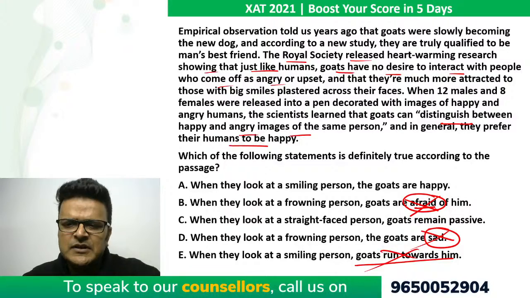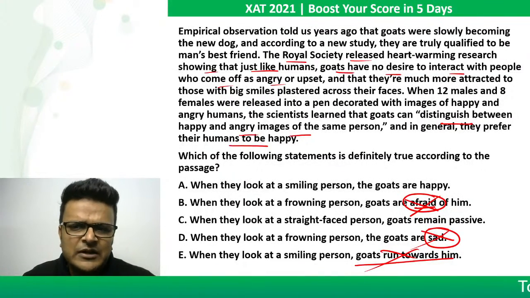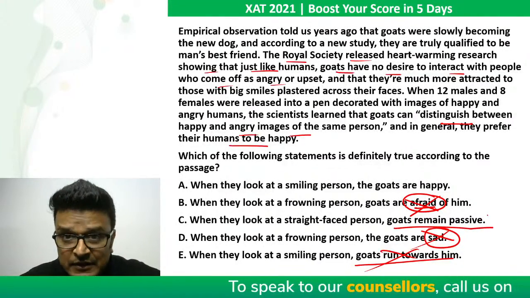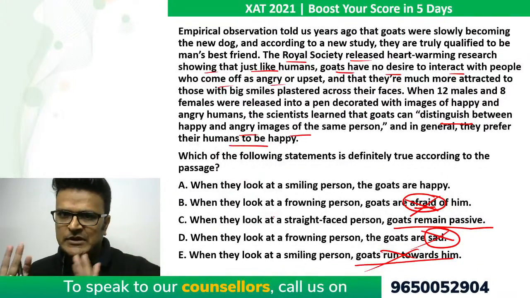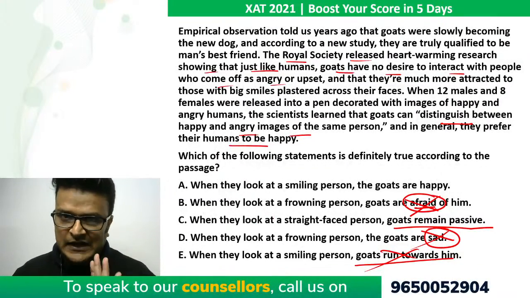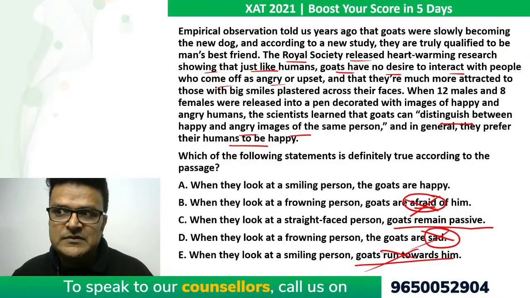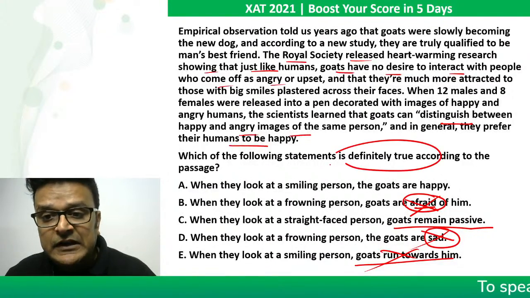How can I support afraid, sad or running towards him kind of situation? And goats remain passive? Can't say. There is no information for this either. When they see happy people, they become happy. Correct? That we know. But when they see a straight-faced person, they become poker-faced. Don't know. Maybe. But the question says definitely true.